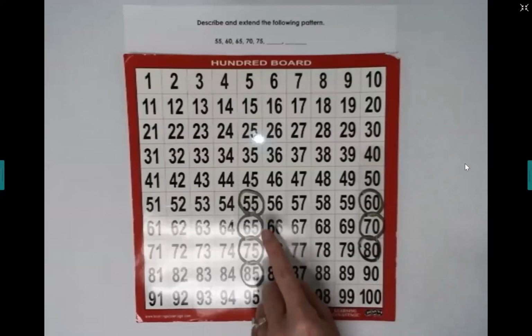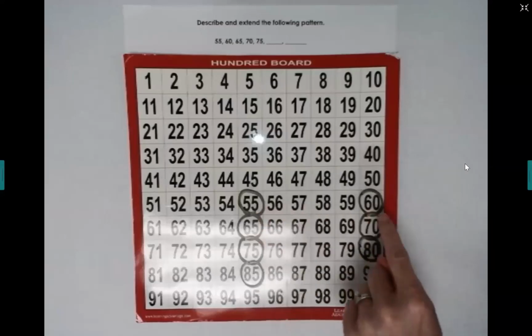They might also start noticing some things about the way the digits in the tens or the ones place are changing or staying the same. And notice that in this pattern, since we're counting by 5s, all of the numbers either have a 5 or a 0 in the ones place. So they can start making some cool noticings about that as well.